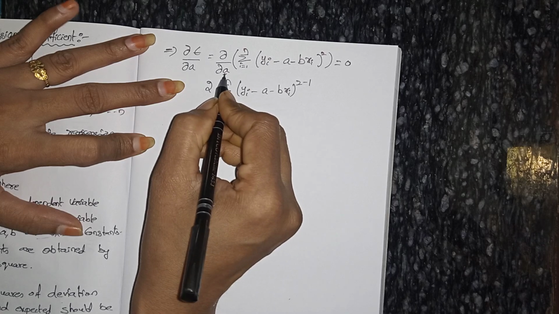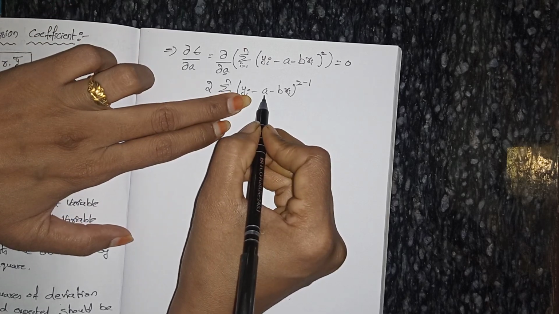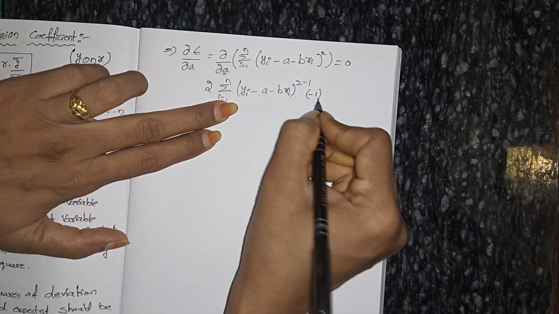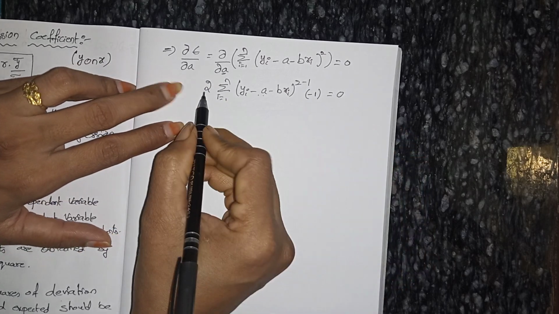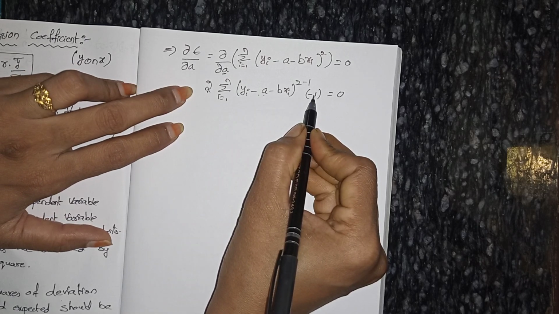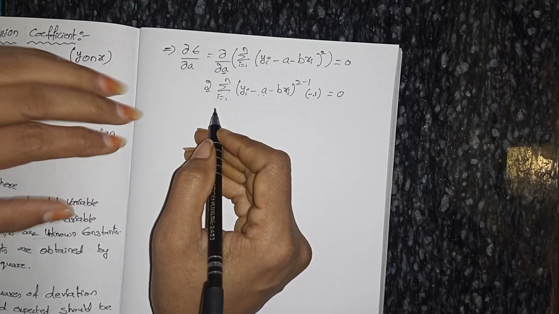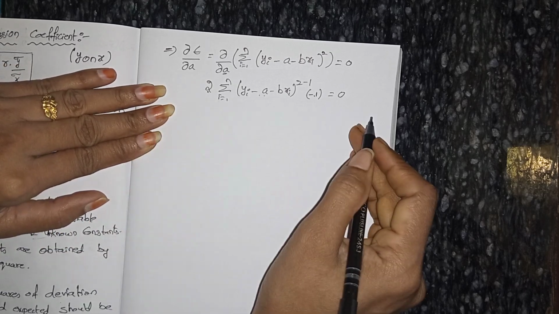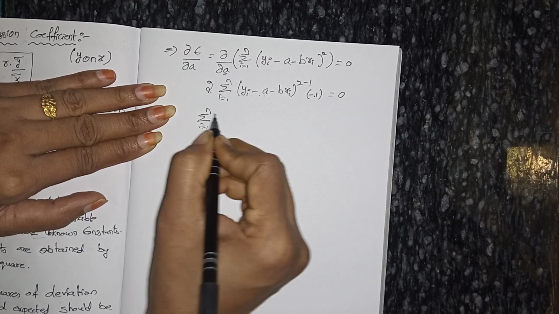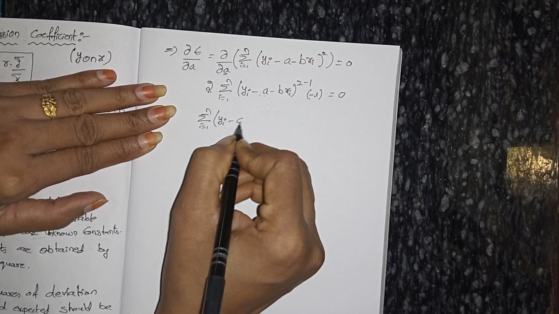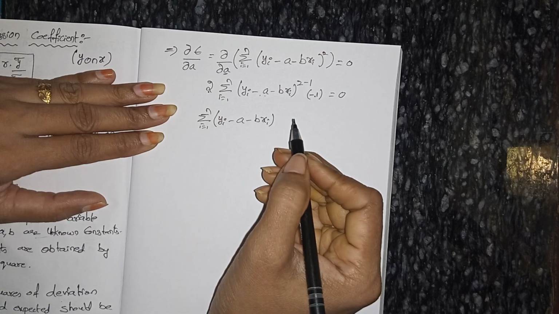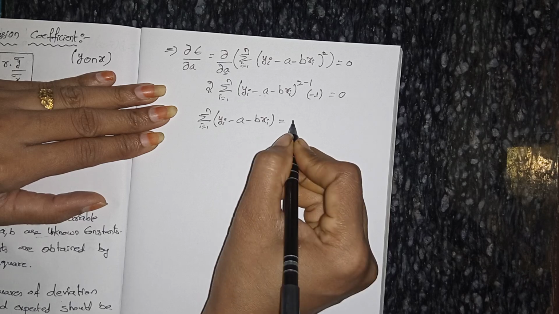With respect to a, the coefficient of a is minus 1. So 2 into minus 1 is minus 2. If we transfer the 2 from LHS to RHS, it becomes 0. So summation of (yi minus a minus bxi) to the power of 2 minus 1, which is 1, equals 0.